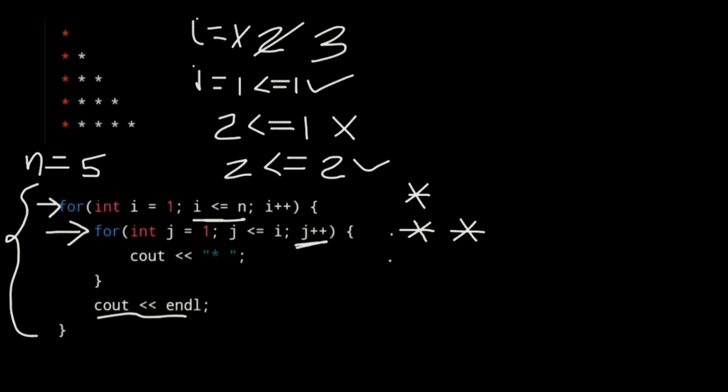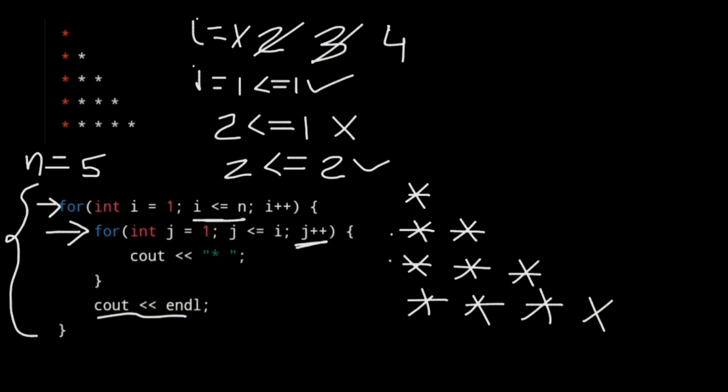Then i becomes 4, and 4 less than or equal to 5 is also true, and it enters the inner loop, and we have 4 stars in the fourth row, as we can see.